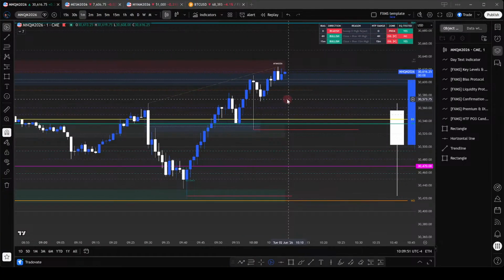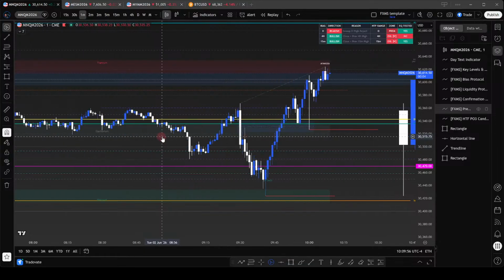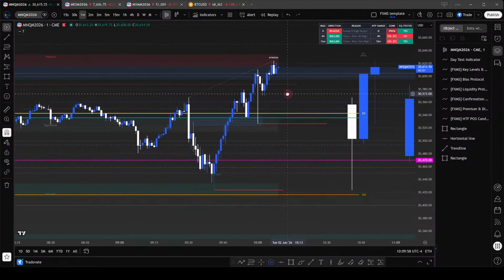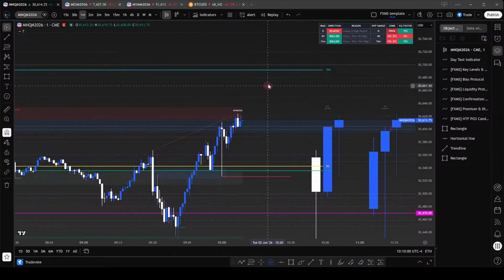It's still consolidating, and you can see structure is not really giving us anything bearish. So maybe we'll just keep flying upwards to the high.